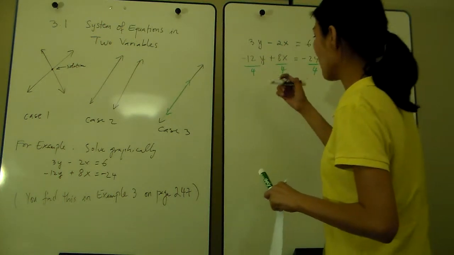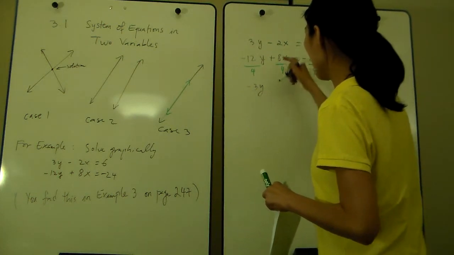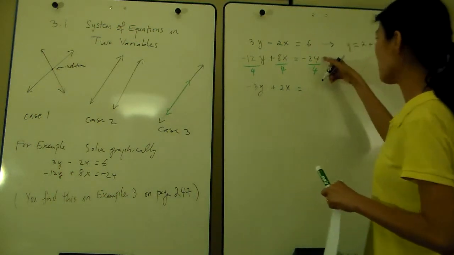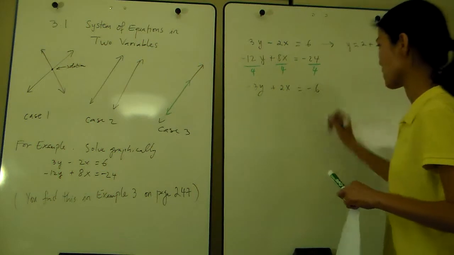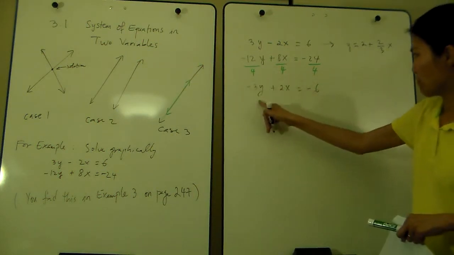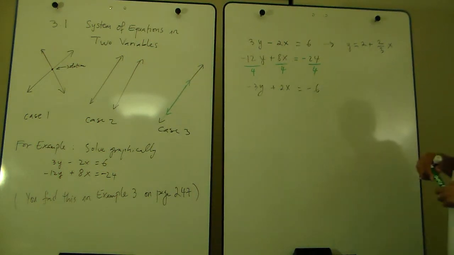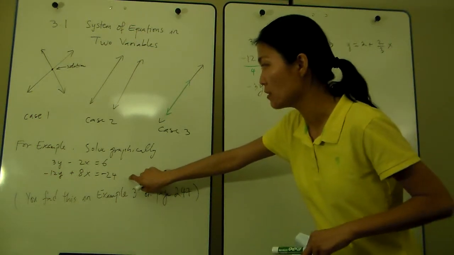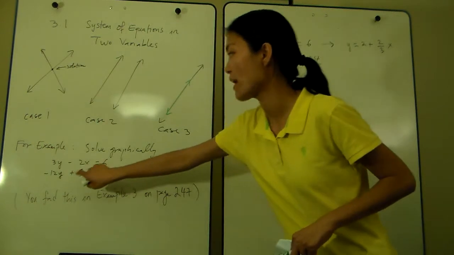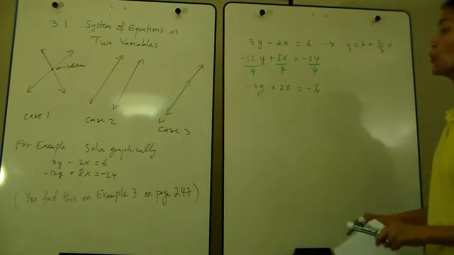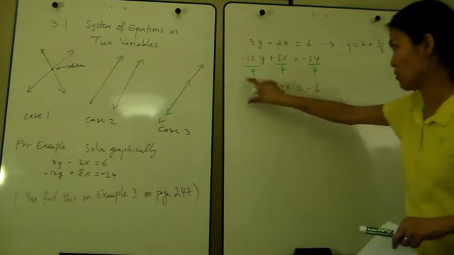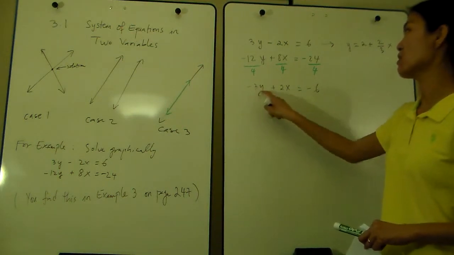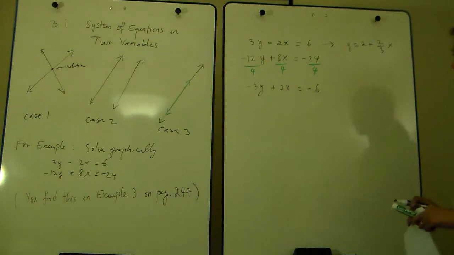Negative 12 divided by 4 is negative 3y. 8 divided by 4 is 2x equal to negative 24 divided by 4 is negative 6. Do you see that? We just simplified this equation with coefficients negative 12, 8, negative 24 to an equivalent equation with smaller coefficients and numbers, negative 3, 2, and negative 6.